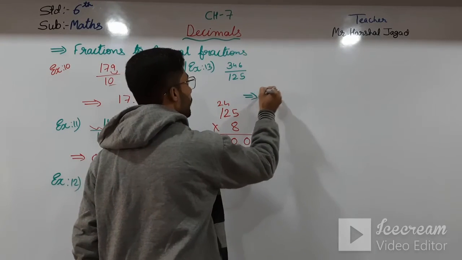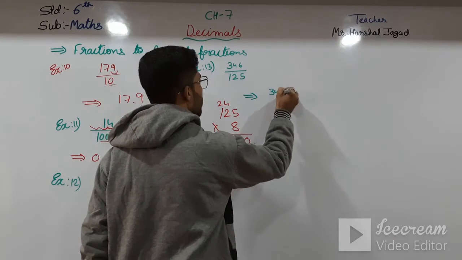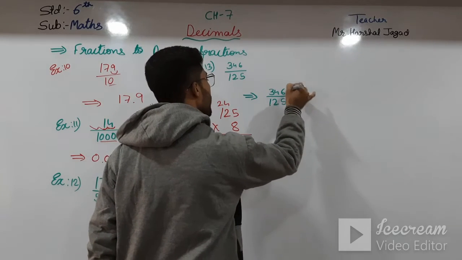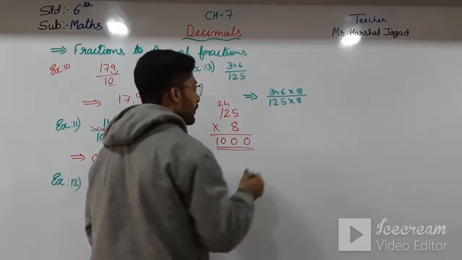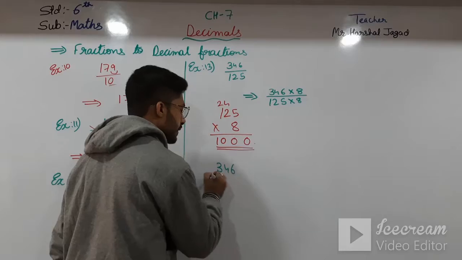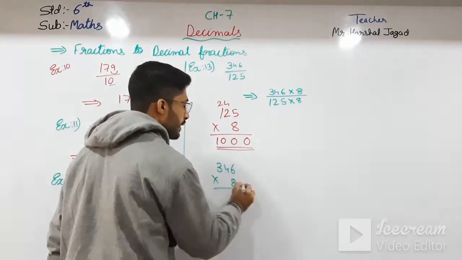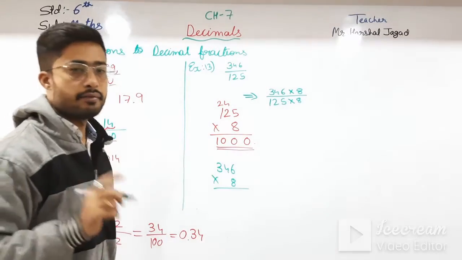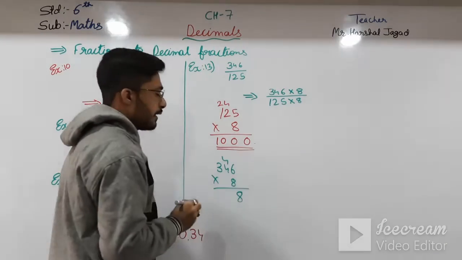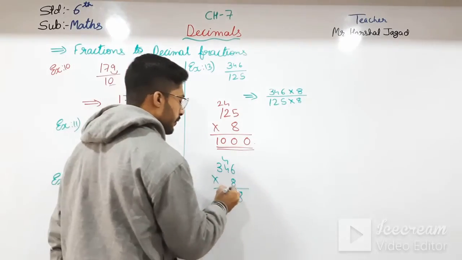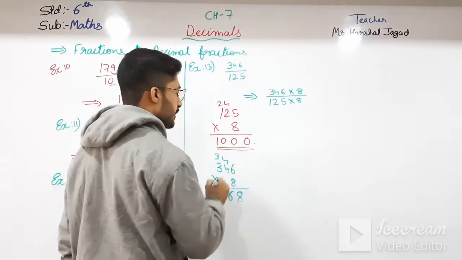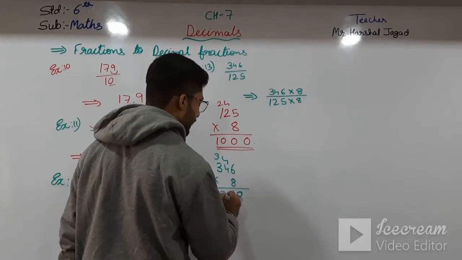I have to multiply 346 upon 125 by 8 and 346 by 8. Now multiplying 346 into 8: 6 sixes are 36, 8 fours are 32 plus 3 is 35, 8 threes are 24 plus 3 is 27.